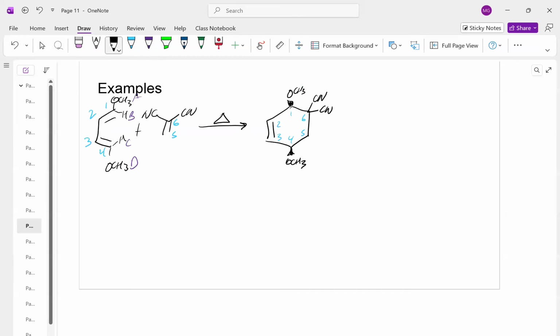Now, you don't have to draw the hydrogens in if you don't want to, but B and C are cis to each other because they're assumed to have the dashed wedge. And it's equally as likely that those OCH3 groups were going downwards. So that's why we would get a racemic mixture.